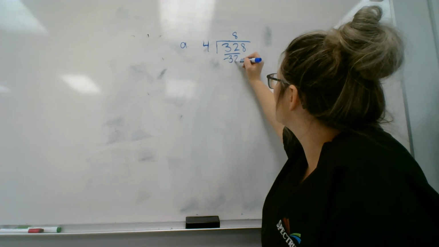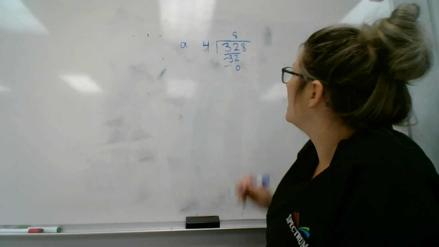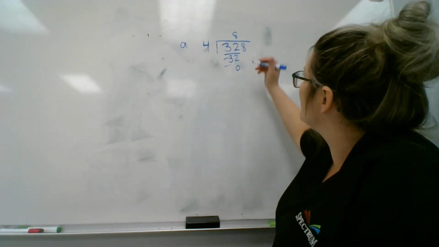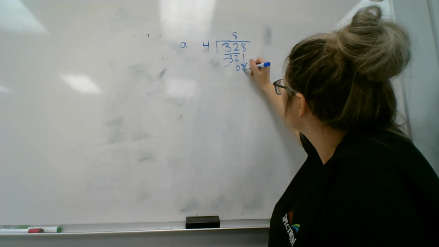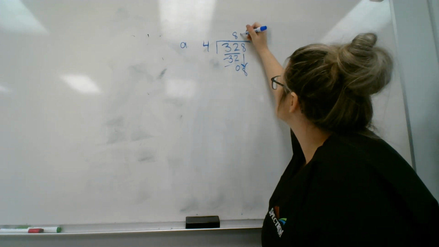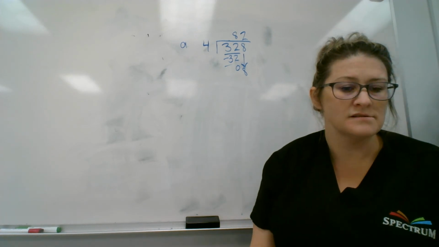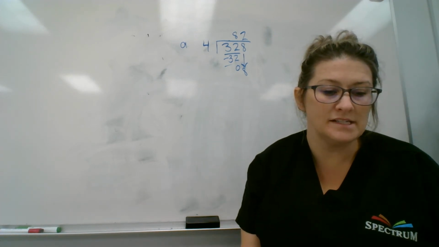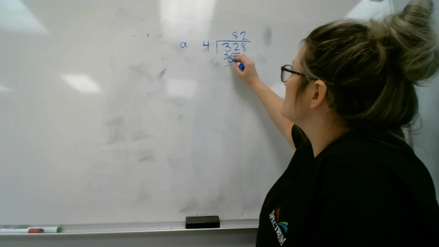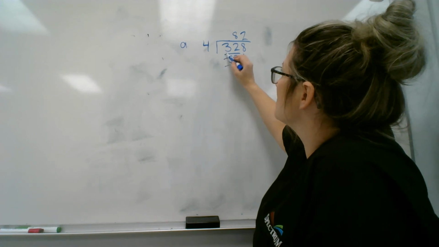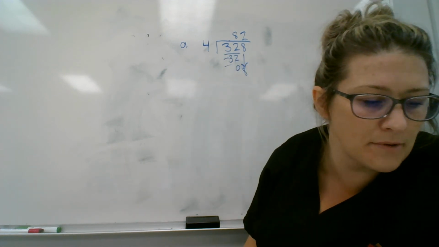And that equals 32, so I don't have anything to bring down. I can bring down my 8. 4 goes into 8 how many times? 2 times. Okay? These are relatively easy. Just make sure that if you notice that this first number is smaller than this number, you're going to have to go into the first 2 numbers.